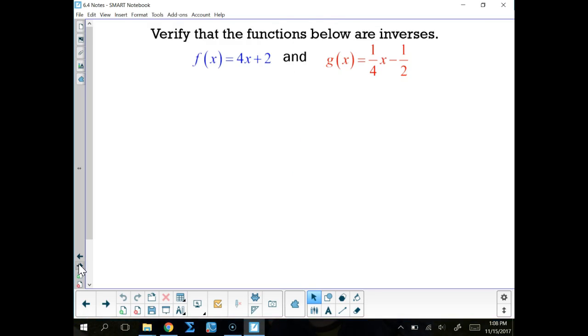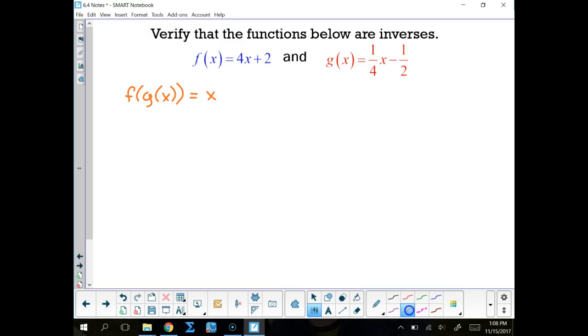So, verify that the functions below are inverses. f of x is equal to 4x plus 2. g of x is equal to 1/4 x minus 1/2. Okay? So if I'm going to verify that those 2 are inverses, the first thing I need to show is that f of g of x is equal to x.